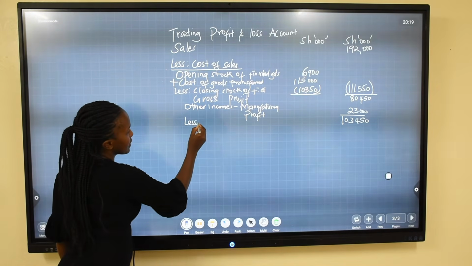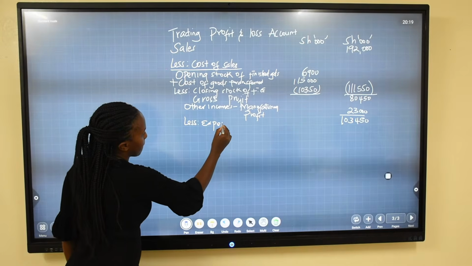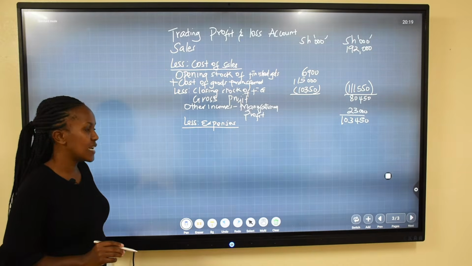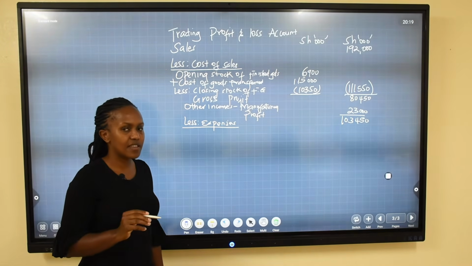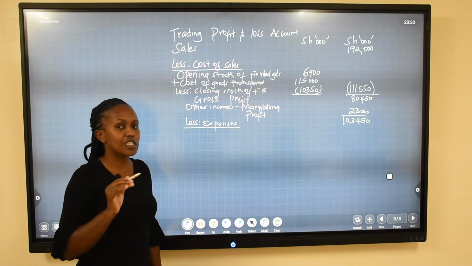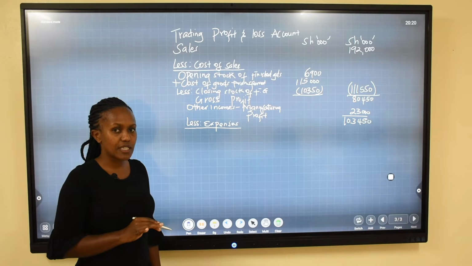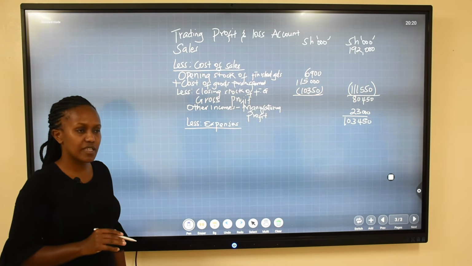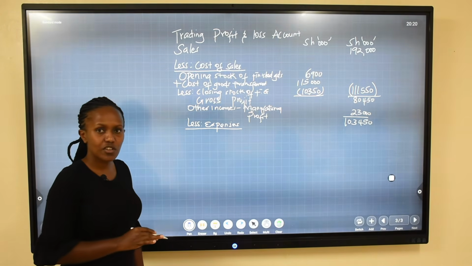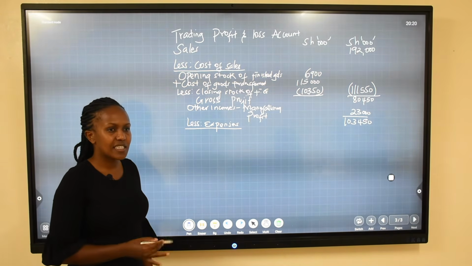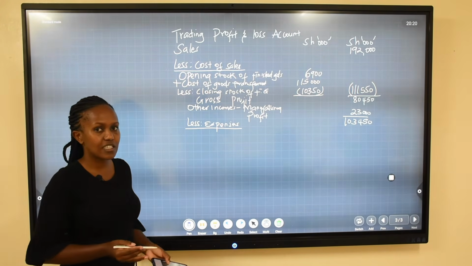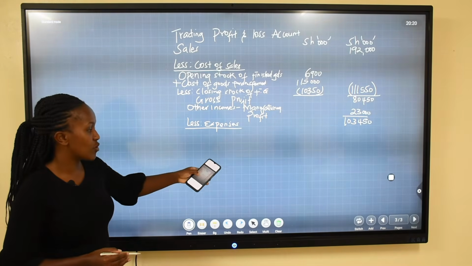Then we are going to deduct expenses. The expenses that we are going to include here are any expense that was incurred in administration, selling, or distribution, or any office expense, or any financial expense. So all the expenses that relate to the office, to administration, to finance like bank charges, interest on loans, any expense that was not incurred in production but in general administration, all of those are going to be here.